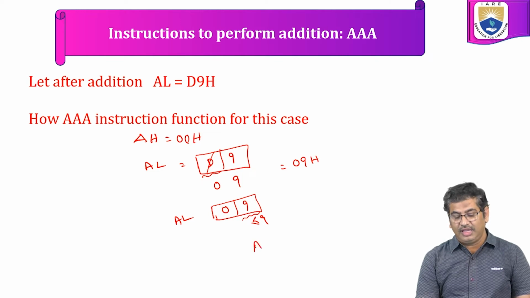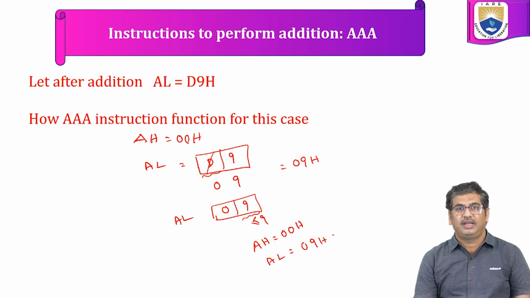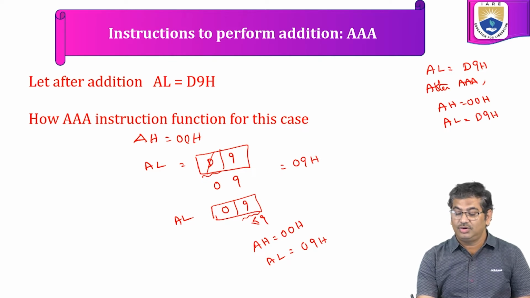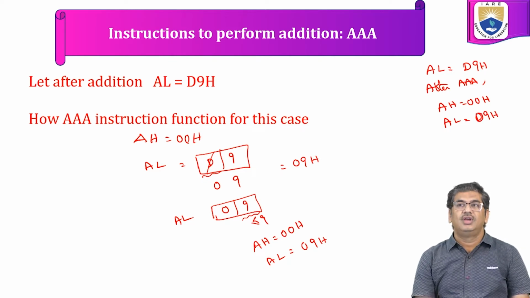So after the AAA instruction, the AH contents are 00H and the AL contents are 09H. Here we considered the input AL as D9H. After the AAA instruction, AH is 00H and AL is 09H.